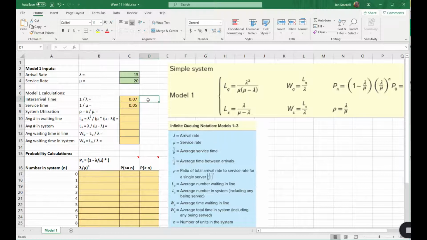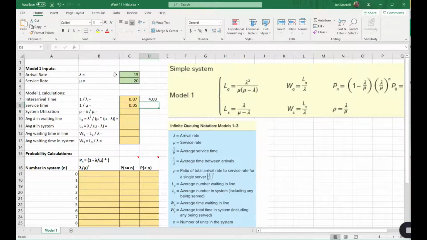Here in column D, I'm going to add some calculations to figure out what this means in minutes. If I take the inter-arrival time, cell C7 times 60, that means every 4 minutes a customer is arriving.